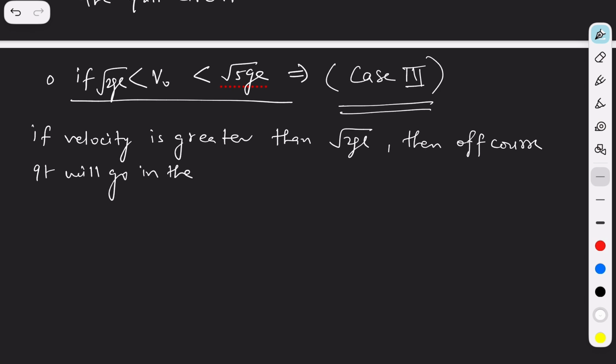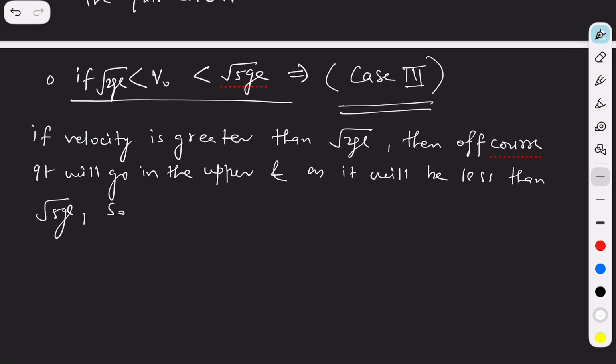And as it will be less than root 5 gL, it can't complete the full circle.